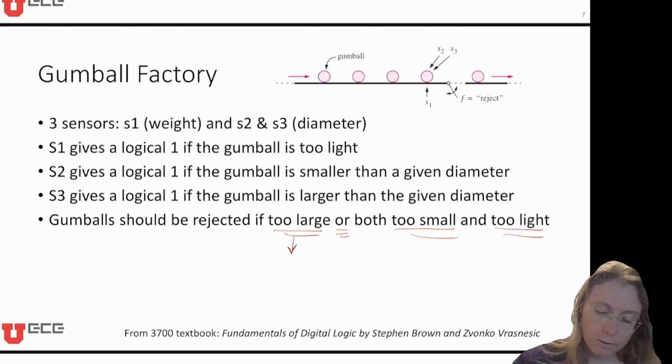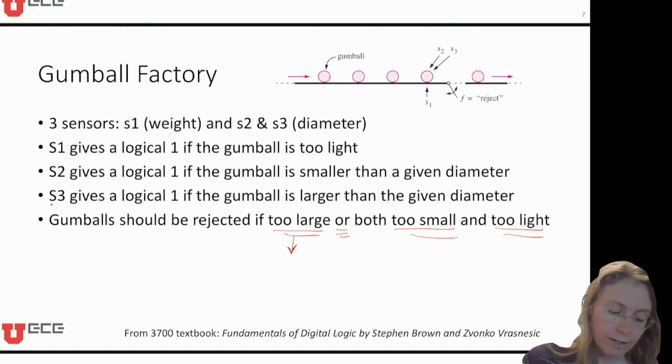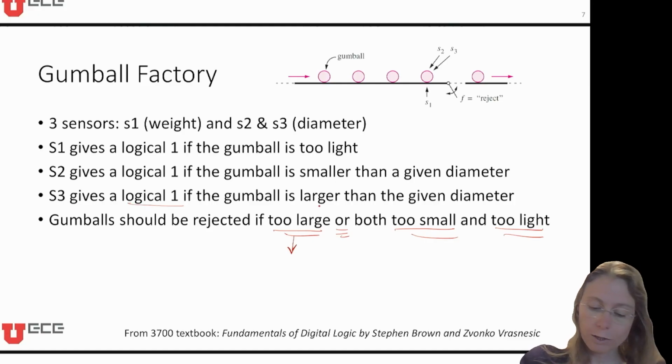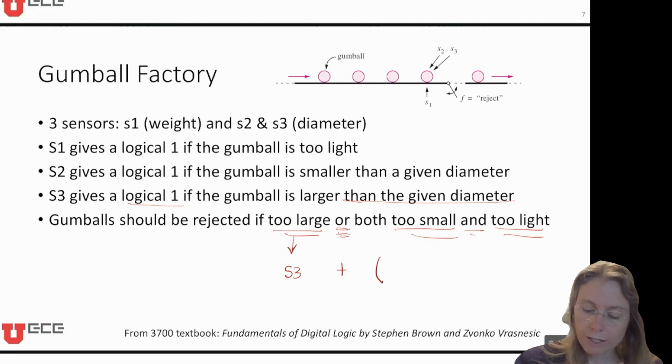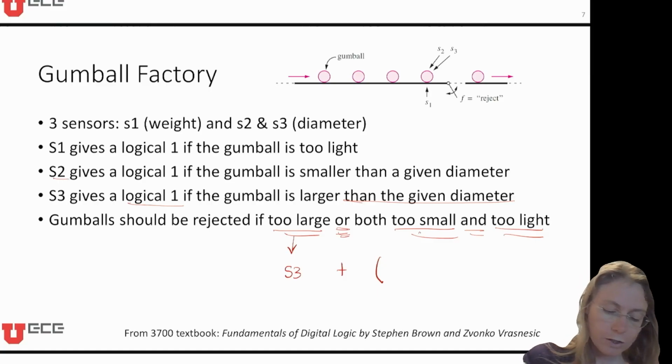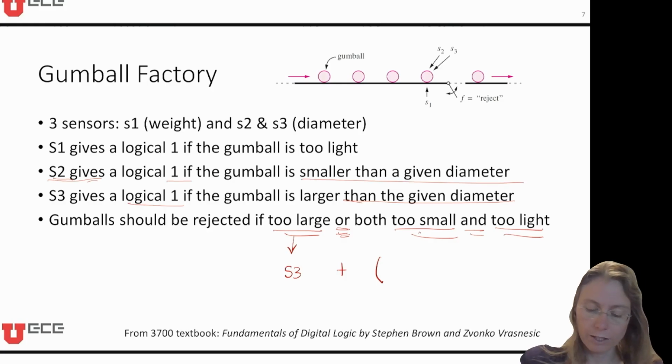Okay, so too large. What will tell us if it's too large? S3 is a logical 1 if the gumball is larger than a given diameter. So for too large, we're going to get S3 as a logical 1, so S3. And then an OR right here, and then it's saying both, and there's an AND, so these two things will be ANDed. So too small: S2 is about the smallness, so it'll give us a 1 if smaller than a given diameter.